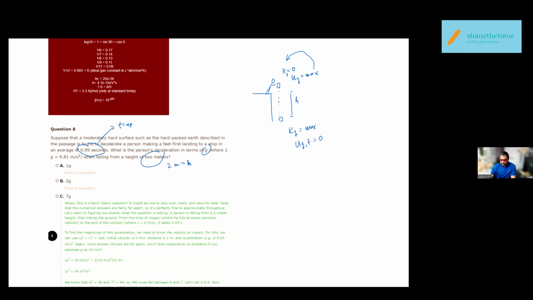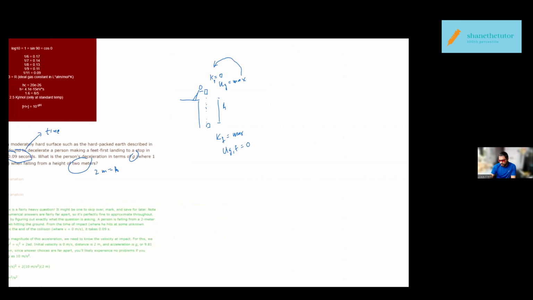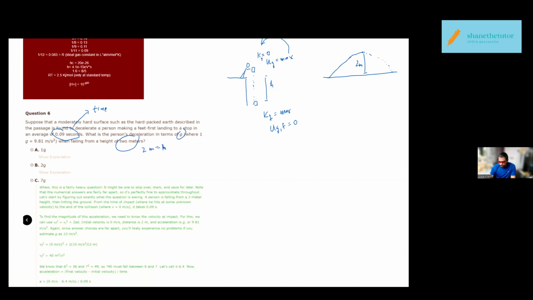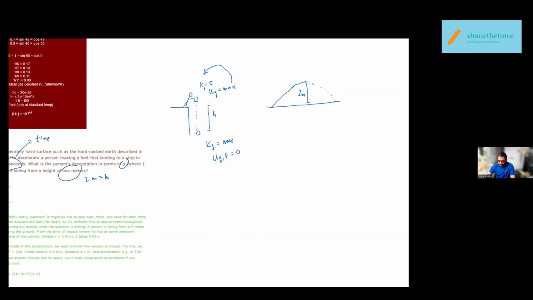So if we were to imagine the person who's jumping and reaches a height here of 2 meters and then is falling and then hits the ground over here, right?